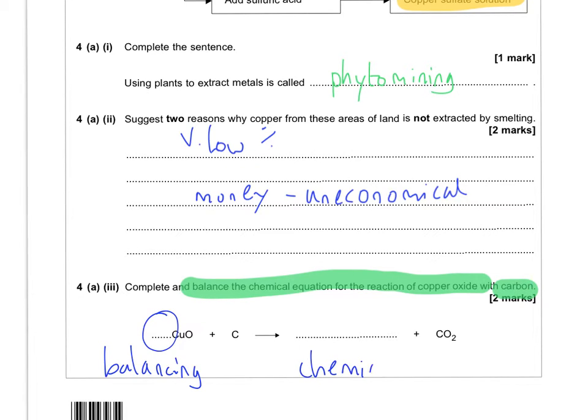In this case, the formula of a chemical. So let's think. Okay, we're getting copper and the carbon and the oxygen together, and they're forming the CO2. So we are left with copper. Okay, so we'd write that down there.